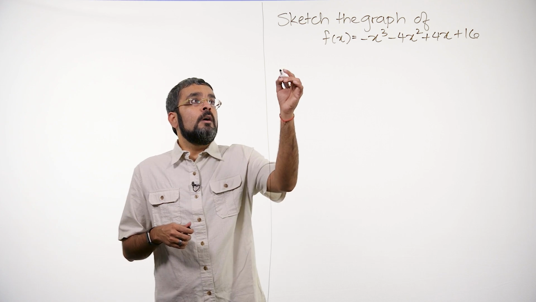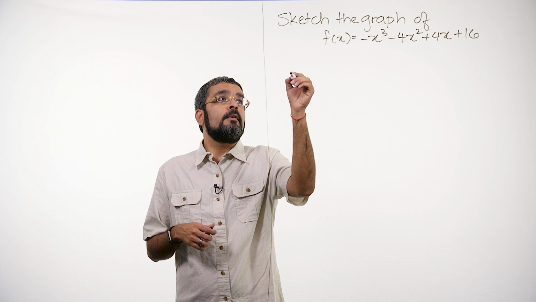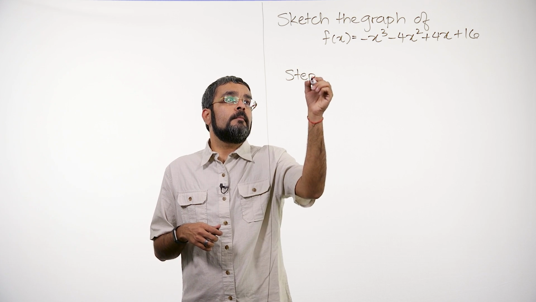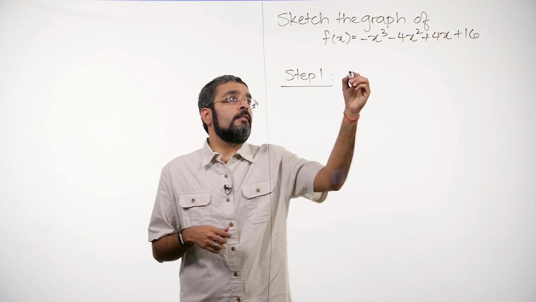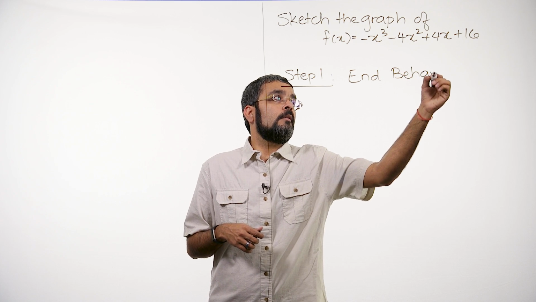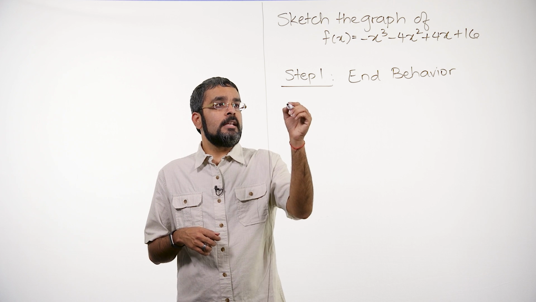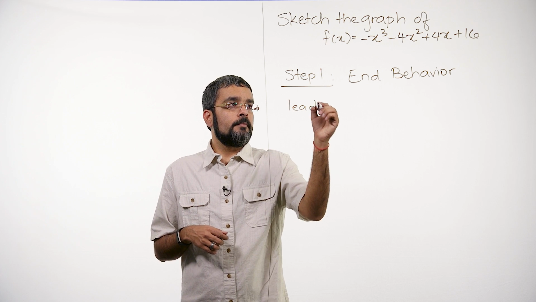So we're going to start first with the end behavior. Step 1 is the end behavior. For my end behavior, again, I look at my leading term. What's my leading term?